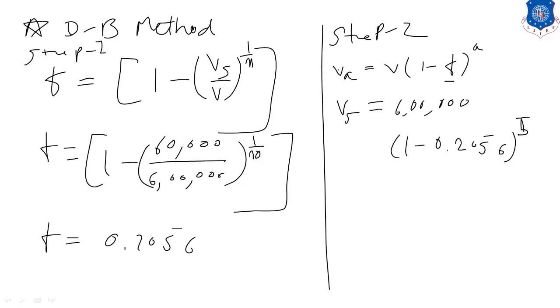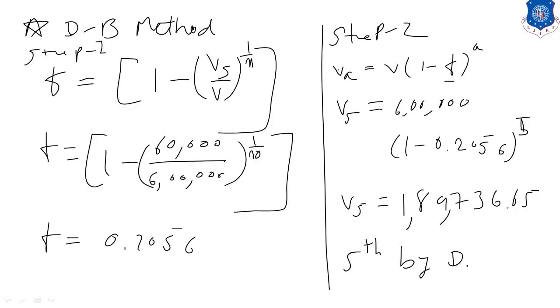By calculating this term, we will get V5 is equal to 1,89,736.65. So this is the value of the heat exchanger at the end of the 5th year by DB method.